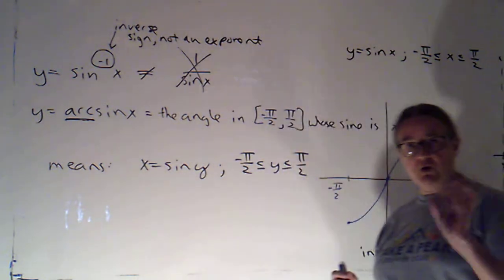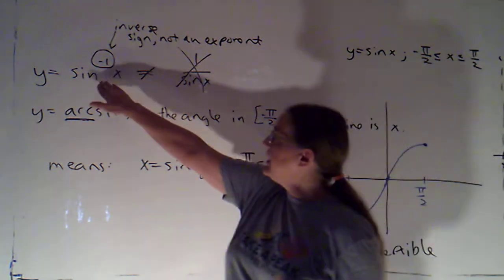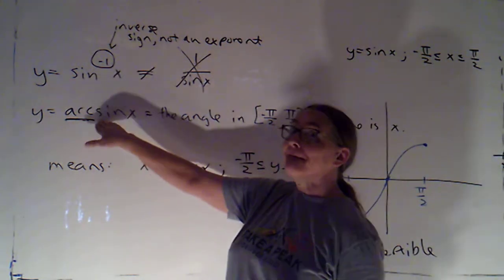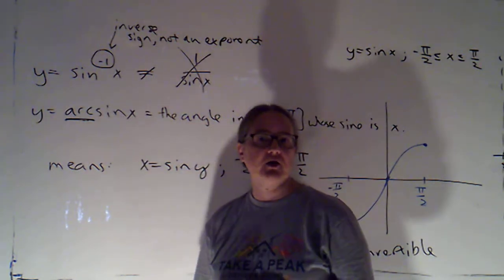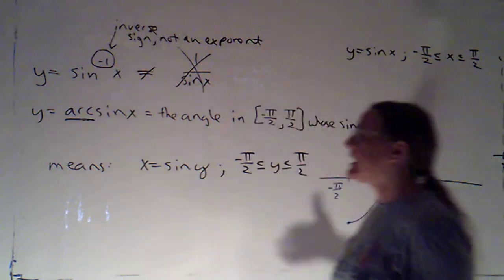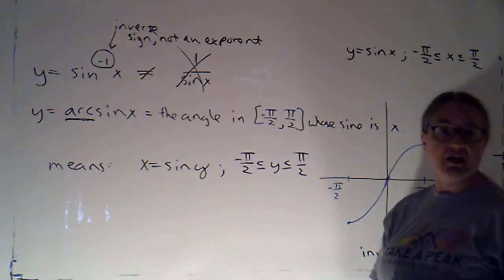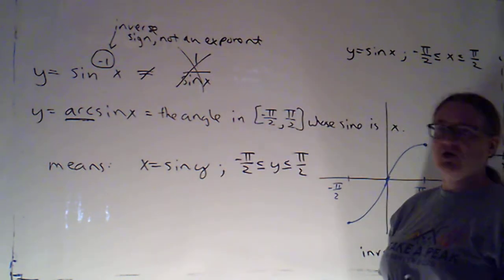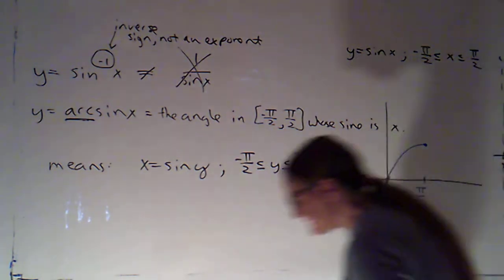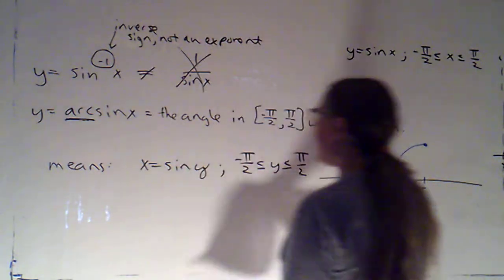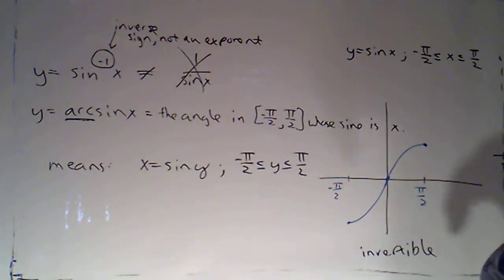And if I'm working with you one-on-one and you prefer the inverse notation to the arcsin notation, that's totally fine. Just let me know and I'll adapt to what you prefer. But throughout this section, I'm going to be using the arc notation because I do think it's better notation. Okay, so if that's how we define it, let's now take a look at how we would evaluate it.